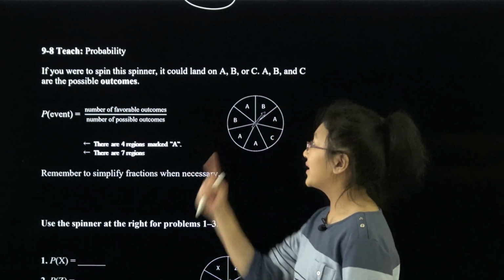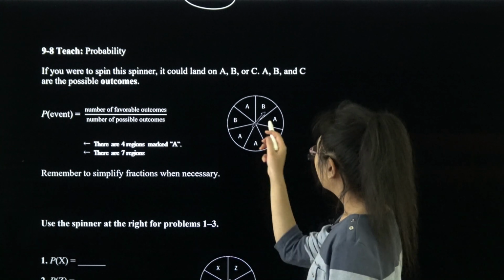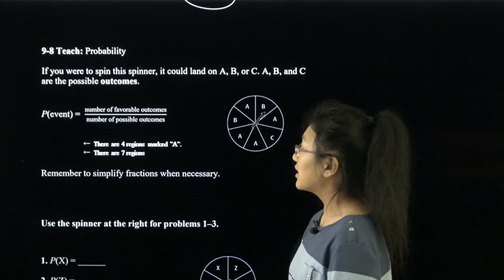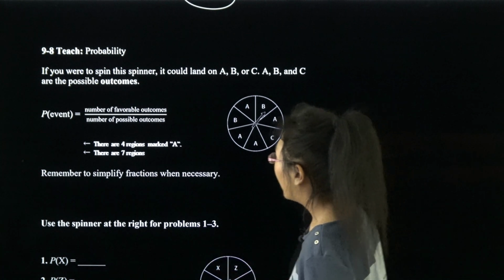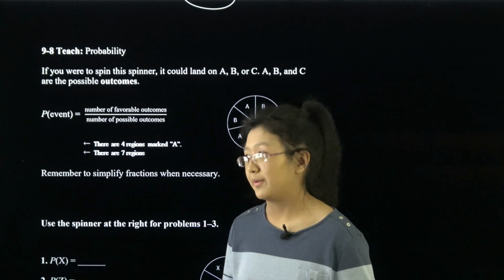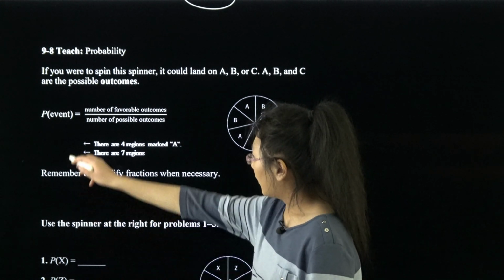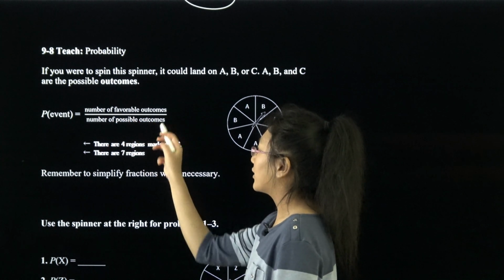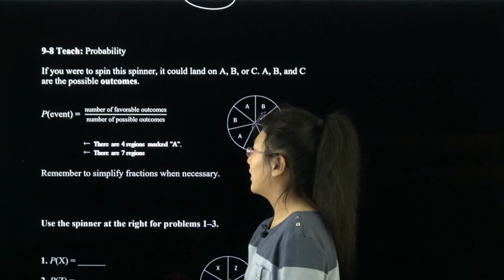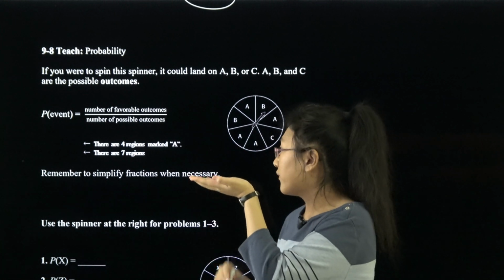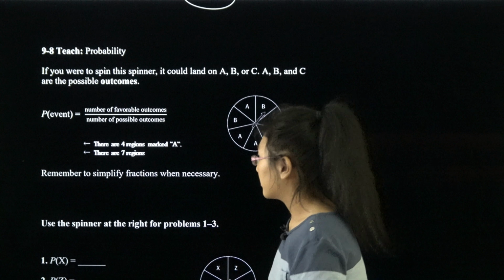So if you were to spin this spinner, it would land on A, B, or C. A, B, and C are the possible outcomes, or outcomes are basically what could happen. So for example, P(event) is number of favorable outcomes over number of possible outcomes. So basically the number of a specific outcome over the number of total outcomes.